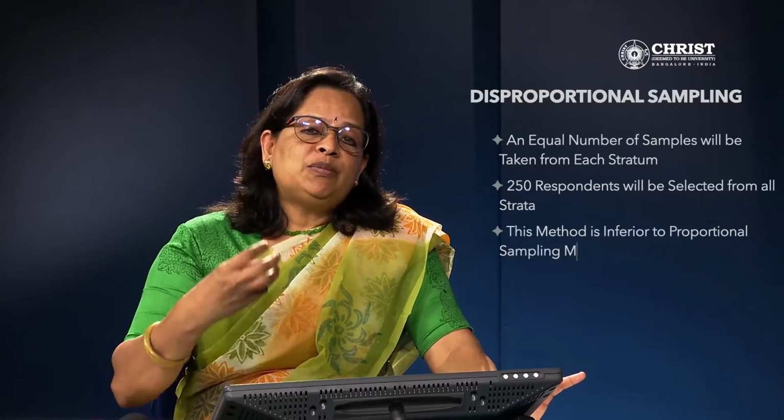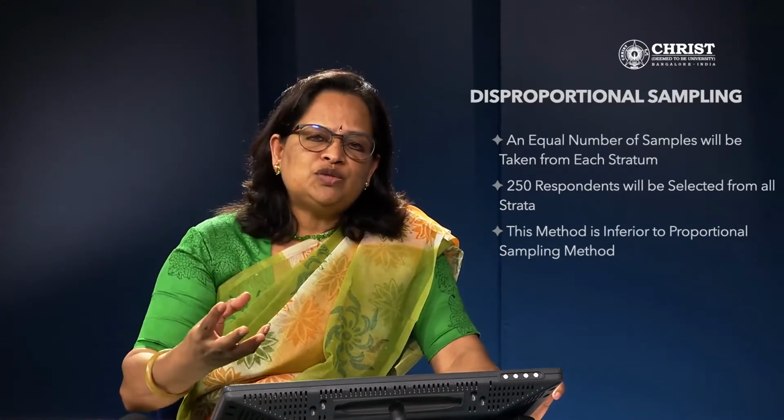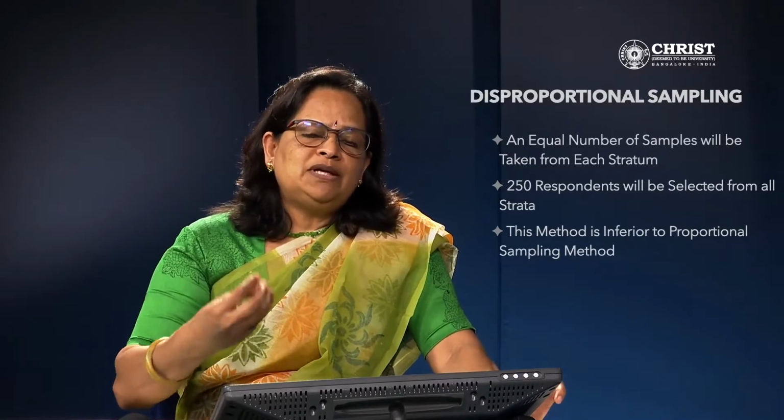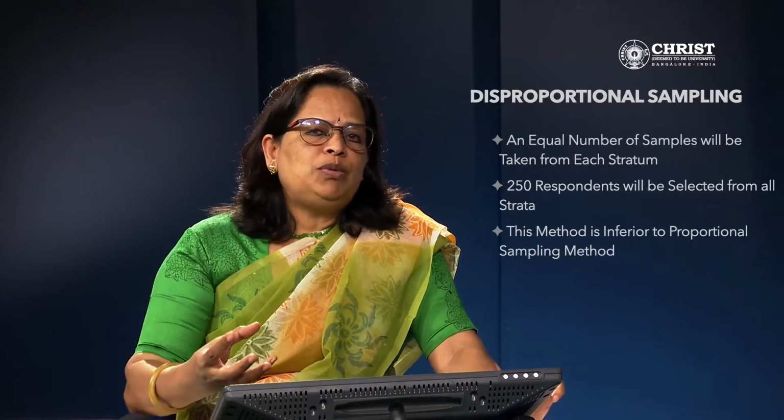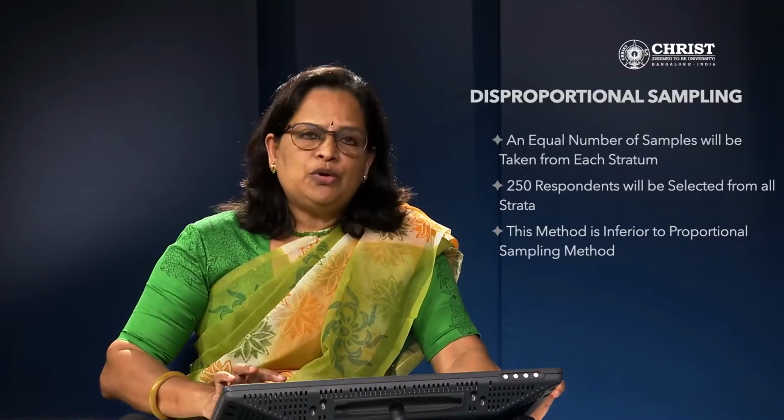But you have to remember that this is not an accepted method. It's inferior to the previous method, the proportional sampling method. We are giving equal weightage regardless of the population. So that is another point you have to remember. Now the merits and demerits: the merit is that this is giving a more representative sample.